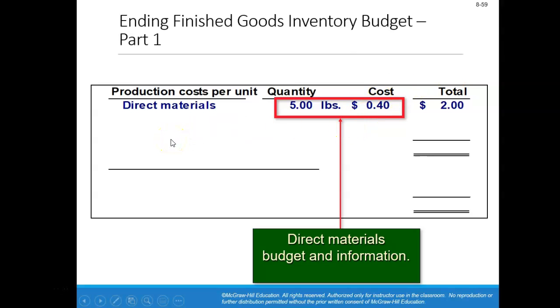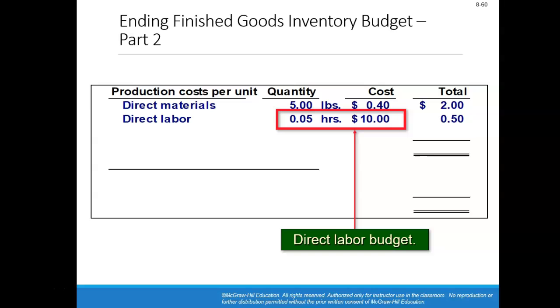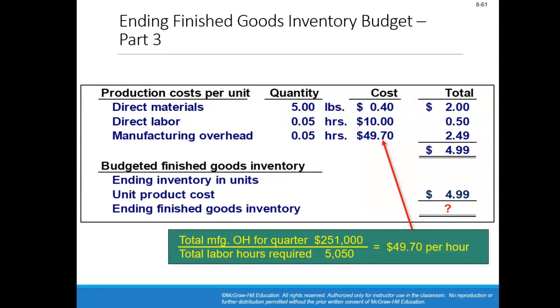So our material cost is going to be $2 per unit. It takes 0.05 hours to produce 1 unit, and our labor cost is $10 per hour. So direct labor cost per unit is going to be 50 cents.